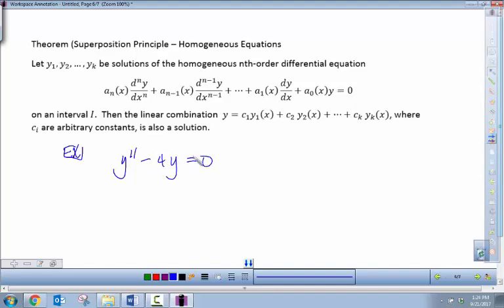Can you guys think of any function whose second derivative is equal to the original function?